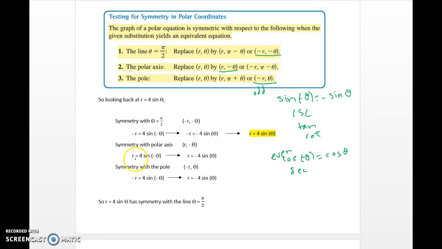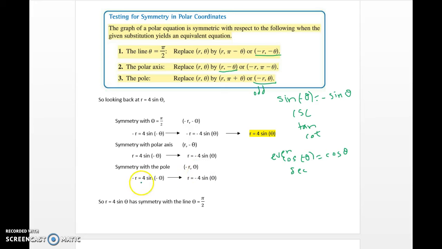If it were to have symmetry at the polar axis, we just plug in negative theta and we keep r positive. So r equals 4 sine negative theta. And again, throw that negative sign in front. r equals negative 4 sine theta, which is not the same as our original equation. So we do not have symmetry about the polar axis. And if we wanted to look at symmetry with the pole, we would say negative r and theta.